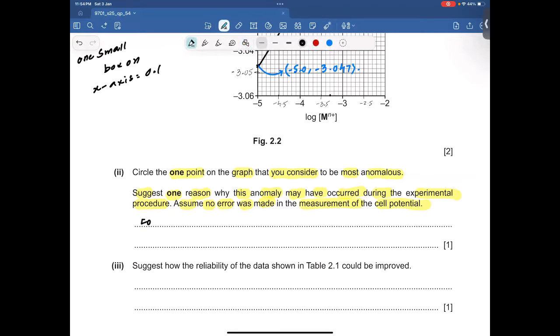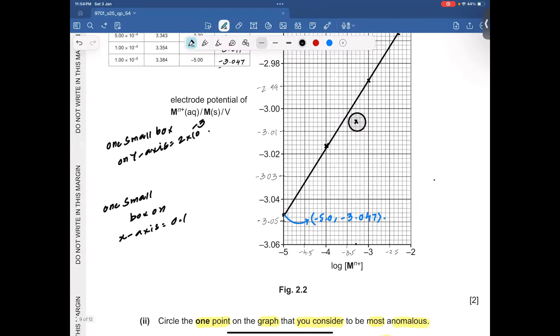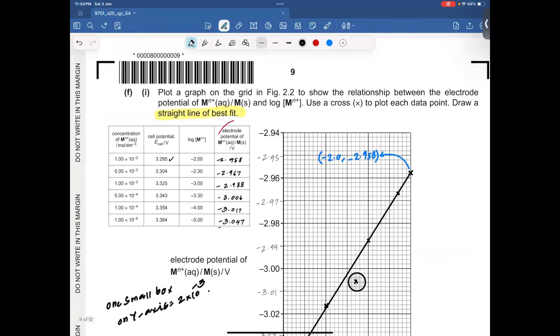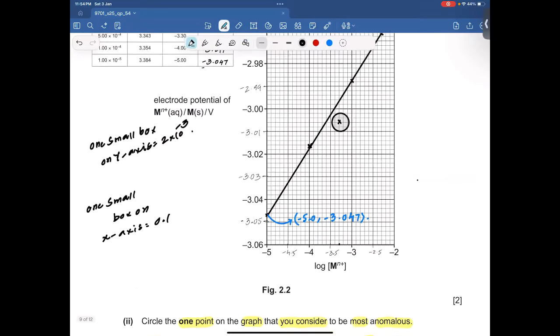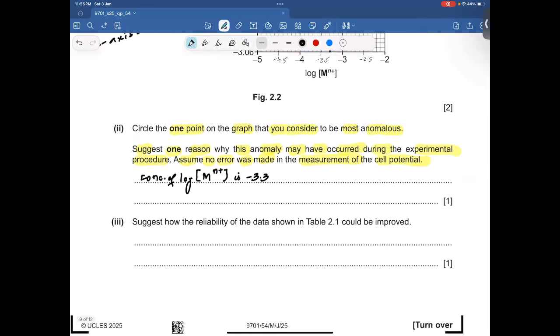So the log of Mn plus concentration is minus 3.3 when the concentration was 5 into 10 to the power minus 4 mole per dm cube. Okay.